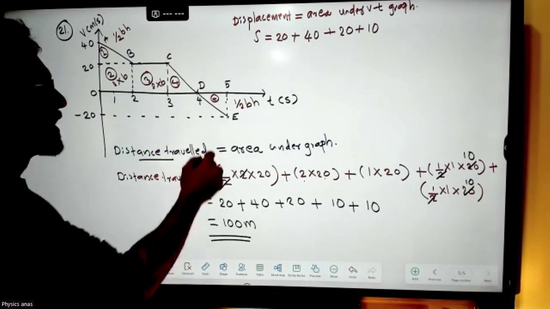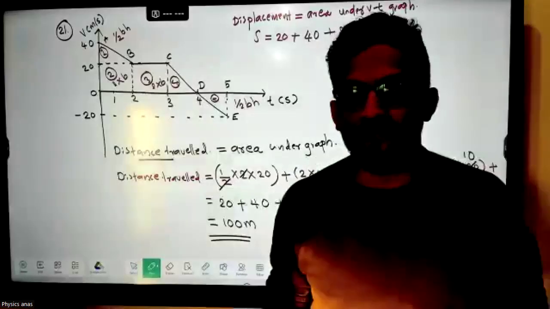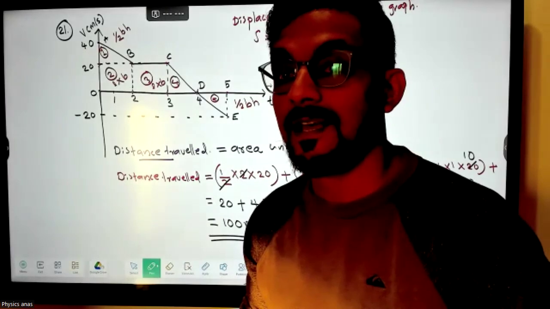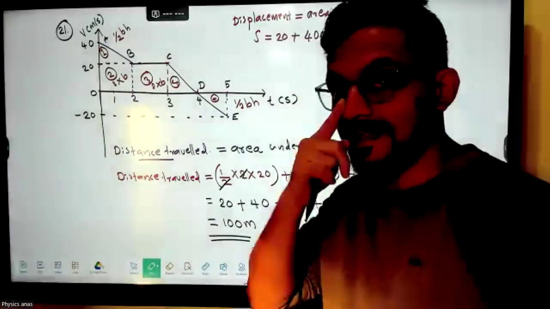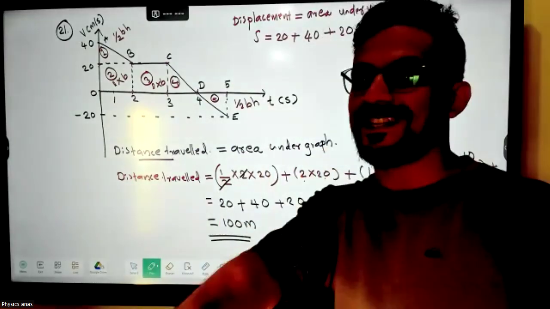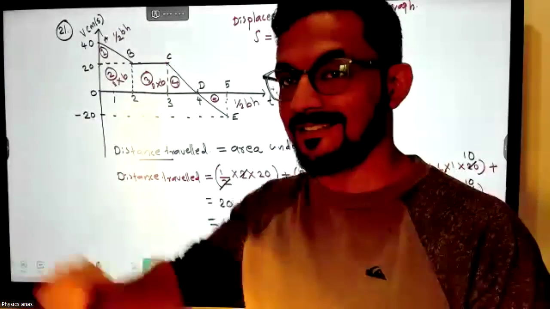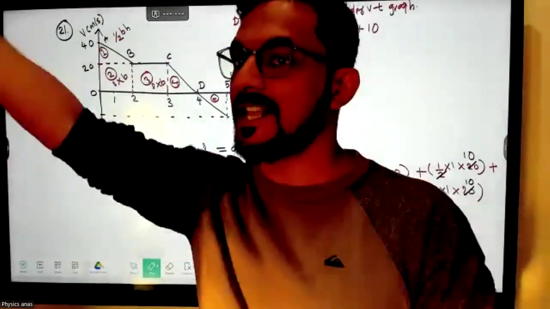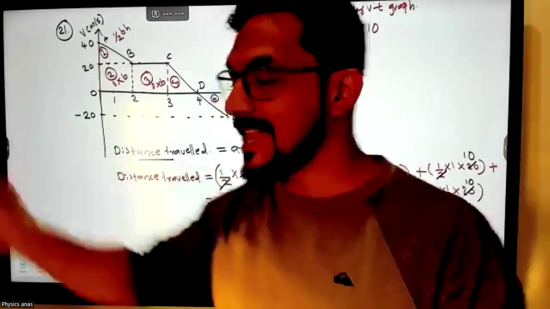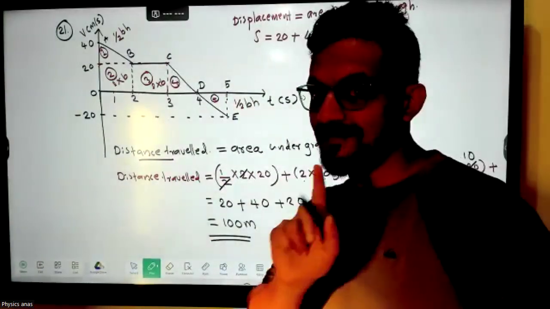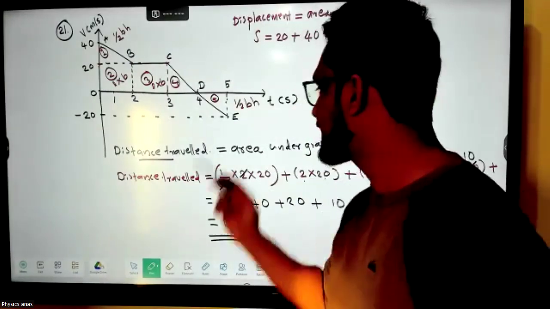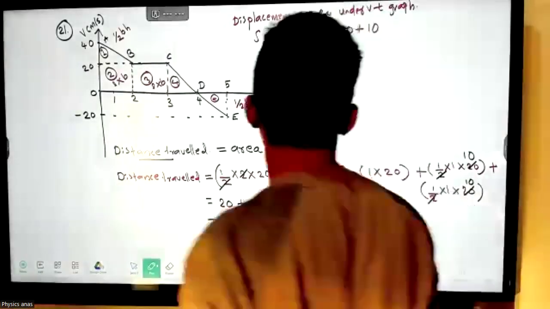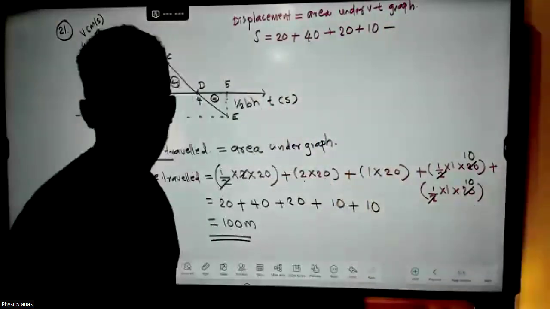What is happening from D to E? What is happening to the particle from D to E? Its velocity is in the opposite direction. That means it is returning to its origin, its initial point. Right? That means it has negative displacement. So you should give negative area.